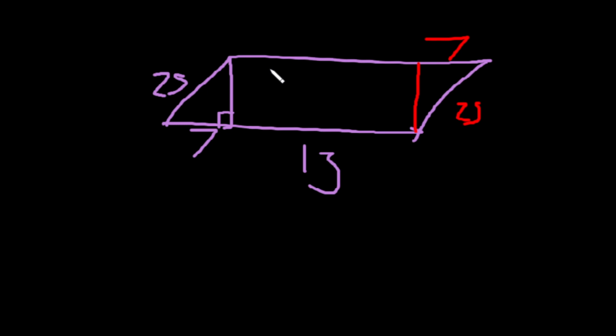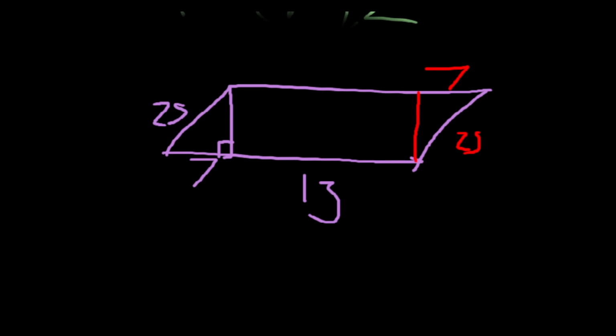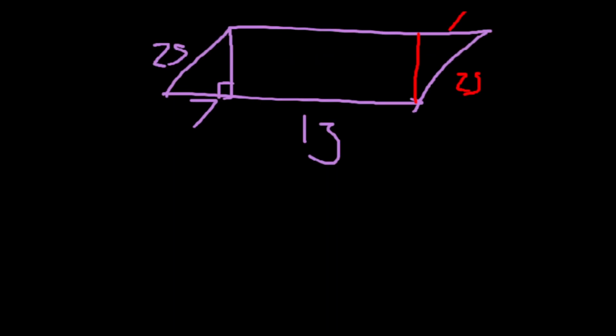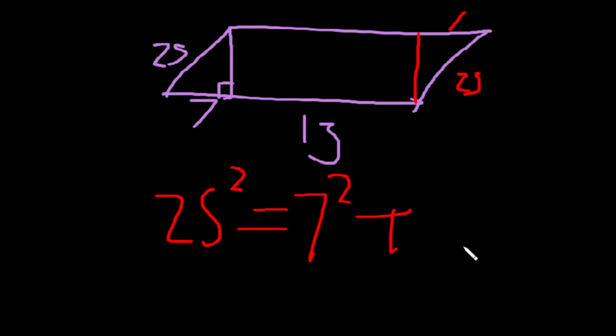And then let's see. We can use the Pythagorean theorem to find what this side is. So 25 squared plus x squared equals 7 squared plus x squared.